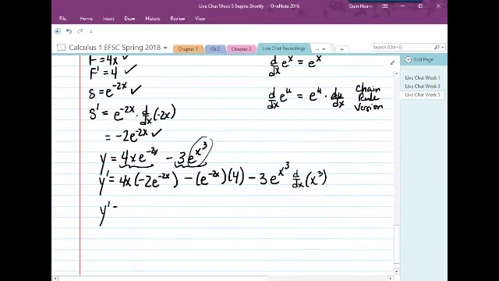So we have y prime equals, let's clean this up a bit, negative 8x e to the negative 2x plus 4e to the negative 2x. And then the derivative of x cubed here is 3x squared. So if you multiply that times negative 3, you get negative 9x squared e to the x cubed.